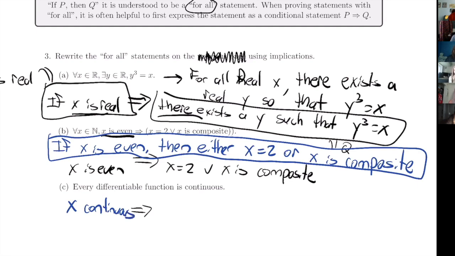You want to finish that up, John? Then f of x is differentiable? Yeah, I think what we want to have here is, what do you guys think?